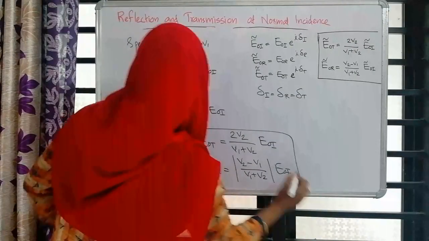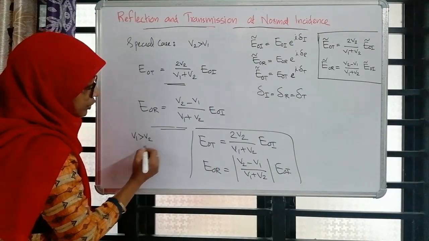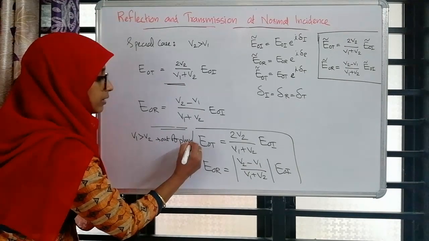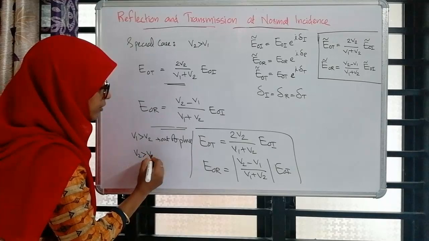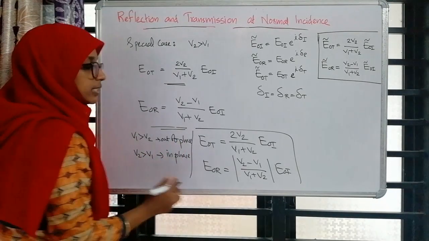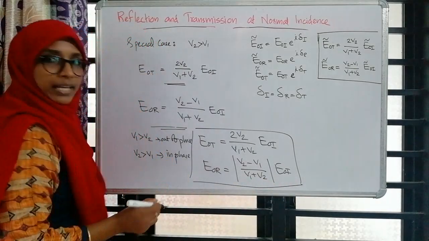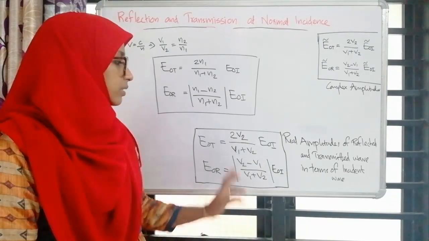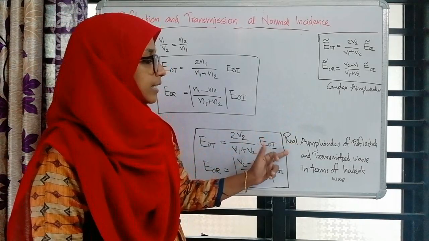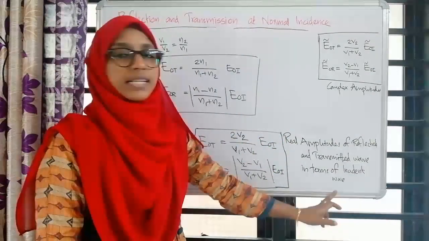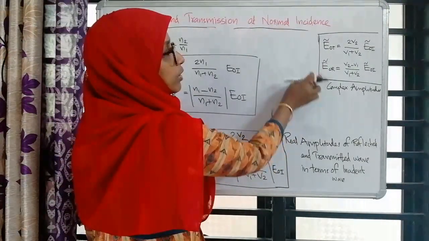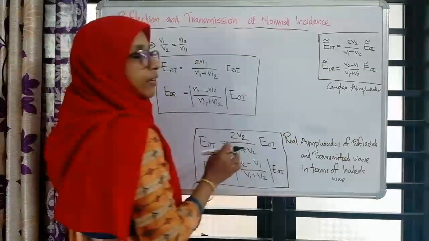For both the cases, V1 greater than V2, which is the out of phase component, and V2 greater than V1, which is the in phase, these equations are valid. And these equations represent the relation between the real amplitudes of the reflected and transmitted waves and the incident wave. And we know these are the relations between the complex amplitudes of the reflected and transmitted waves and the incident wave.